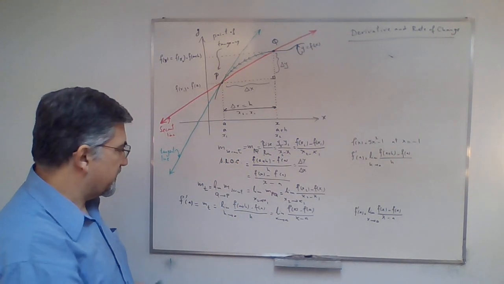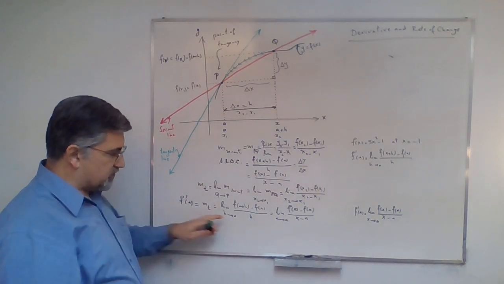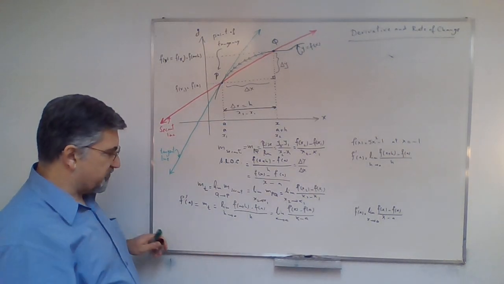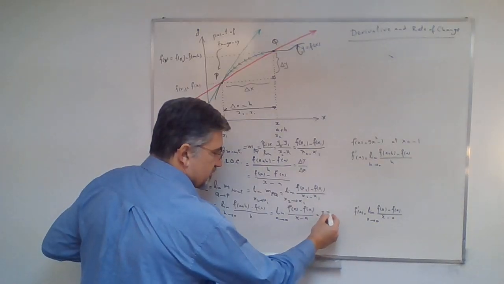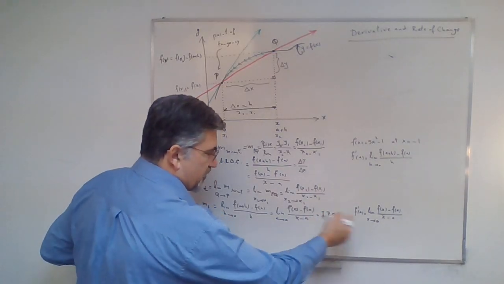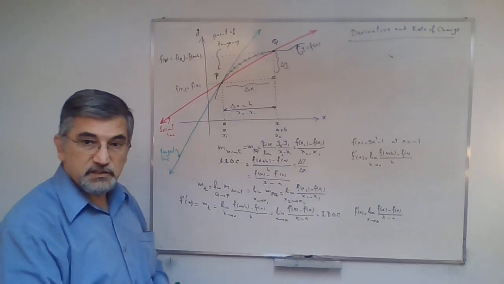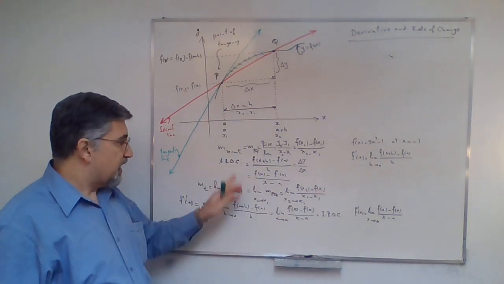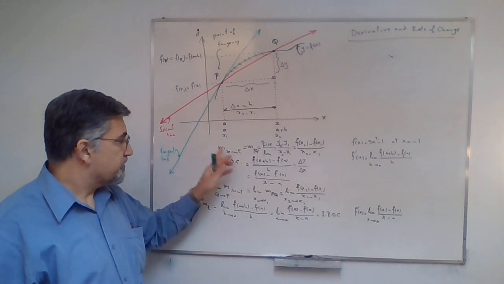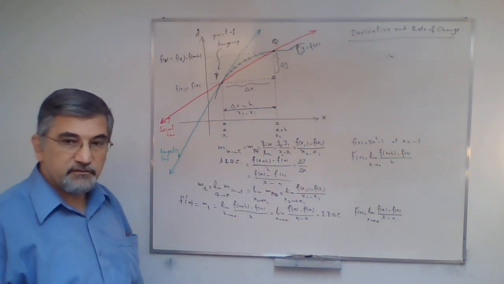That's what it's called. But this other one, the slope of the tangent we found, is called the instantaneous rate of change, IROC. So the instantaneous rate of change represents the slope of the tangent. The average rate of change represents the slope of the secant line, all right?